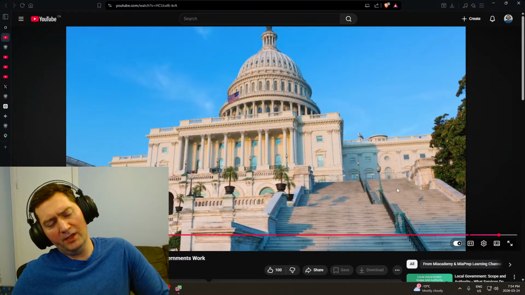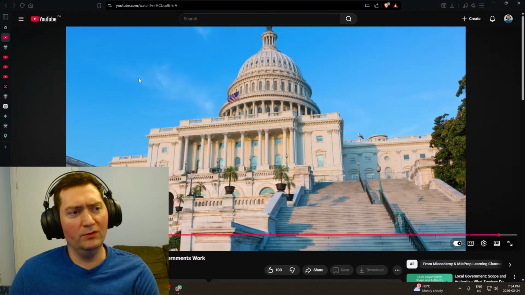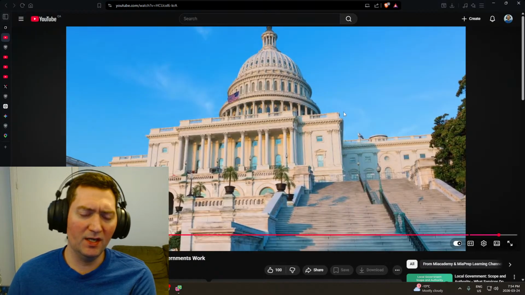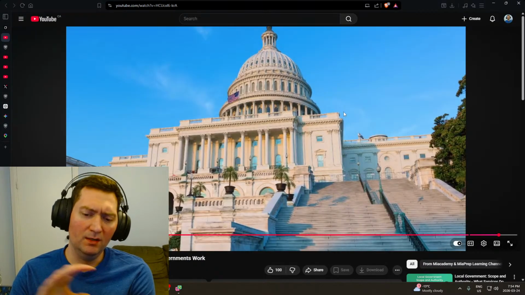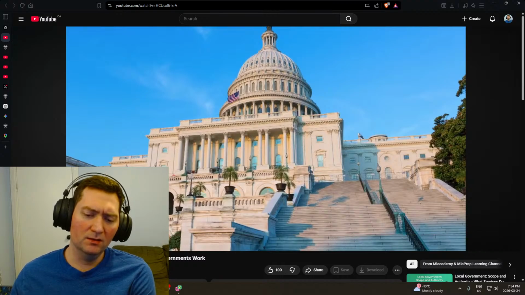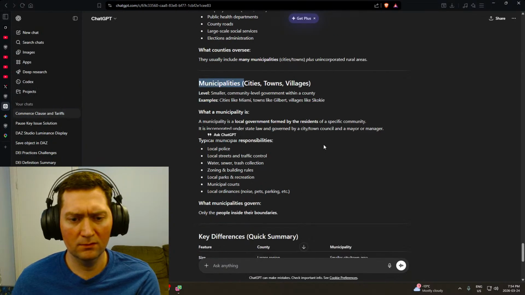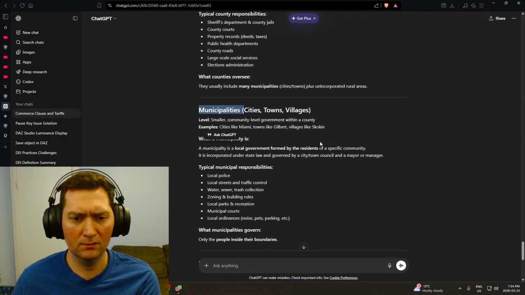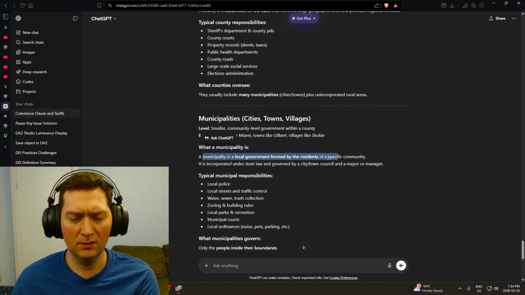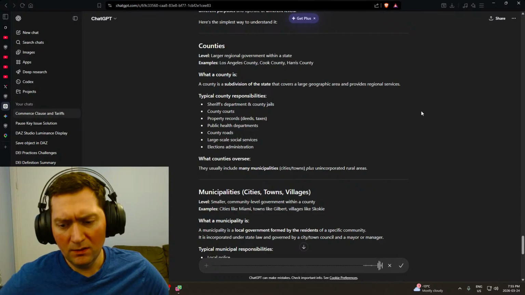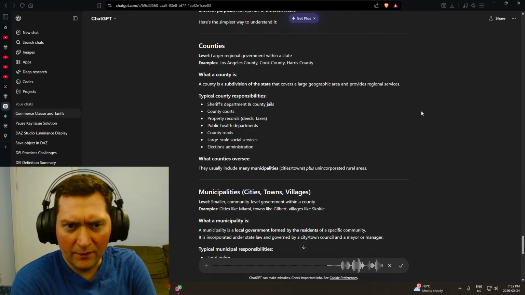Okay, so then what do you vote on locally? Because if it's broken down into a county and a municipality, do you vote on the municipality? In the US, what do you vote on at the local level?